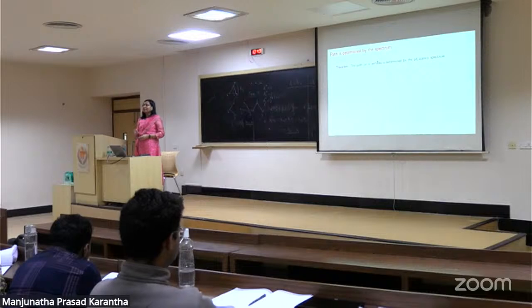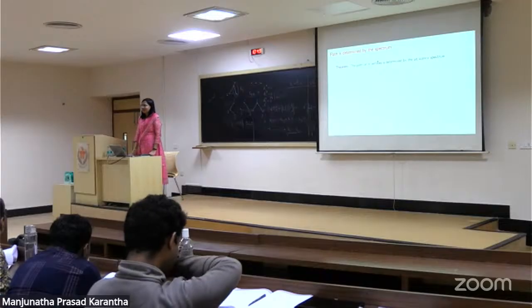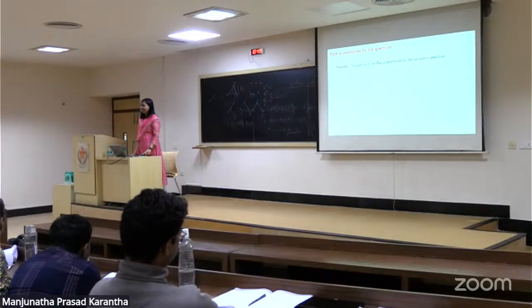So proving that a graph is determined by its spectrum is not easy. For the path case, it is proved that the path is determined by its spectrum. We discussed yesterday that the eigenvalues are 2 cos(pi k/(n+1)), so they are strictly less than 2.